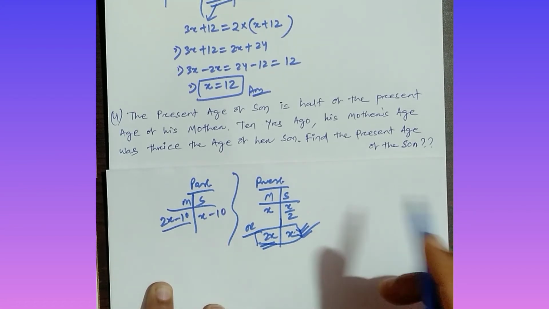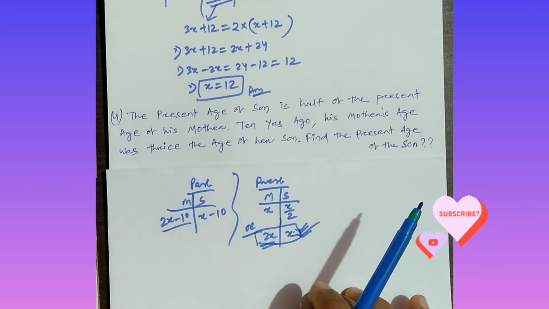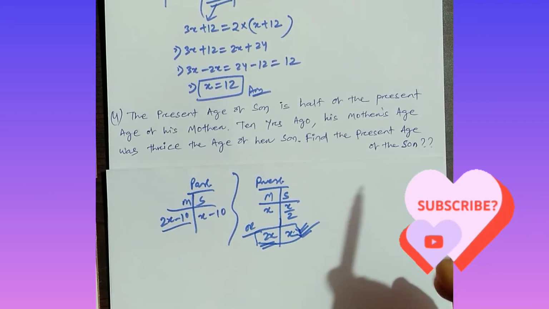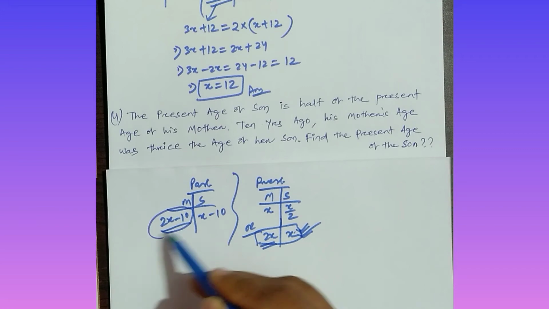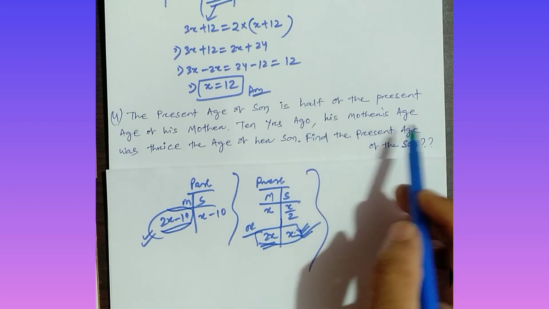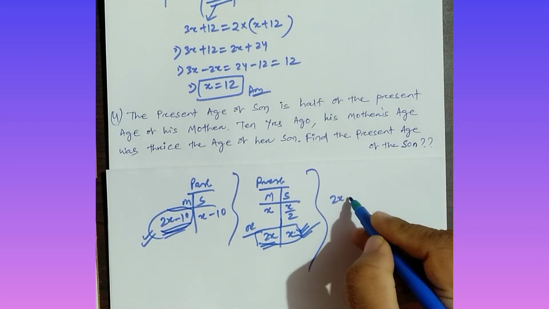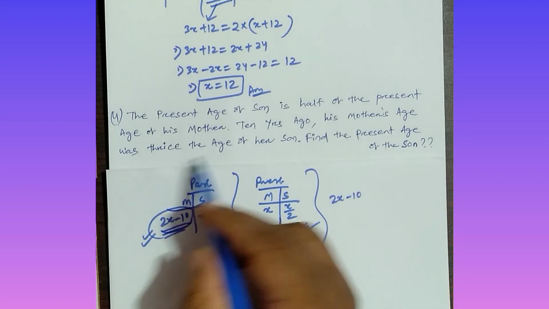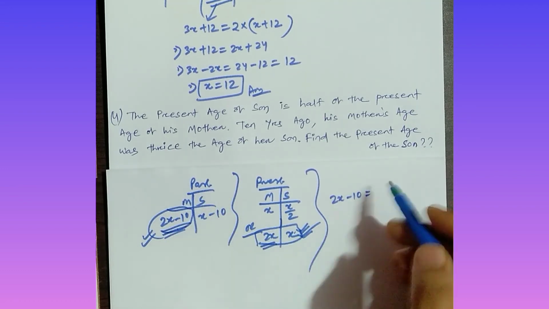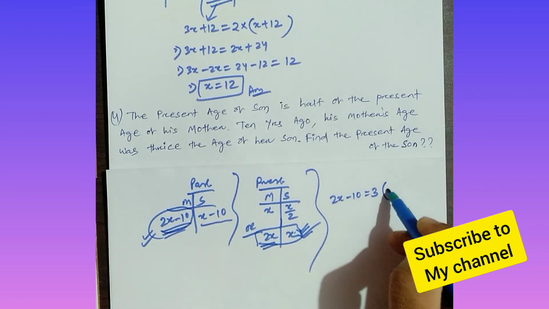Now see here. 10 years ago, his mother's age, this one, I'm writing, is 2x minus 10. Was means equal sign, thrice means 3 times the age of the son, this one, so that is x minus 10.